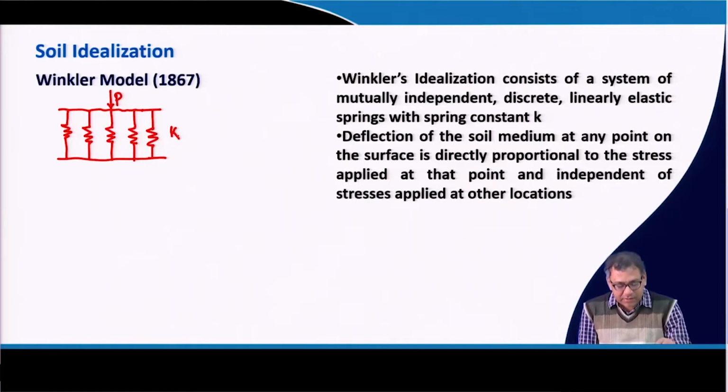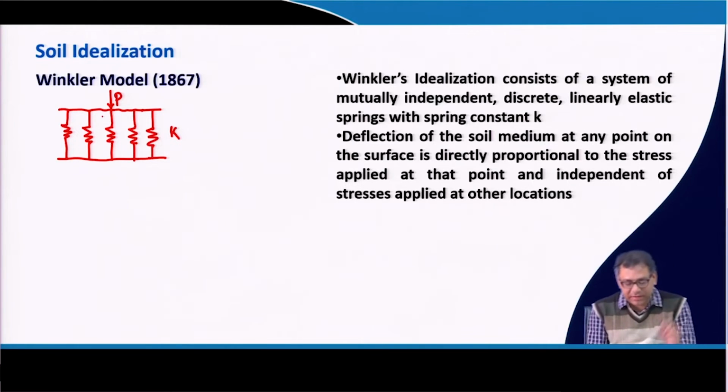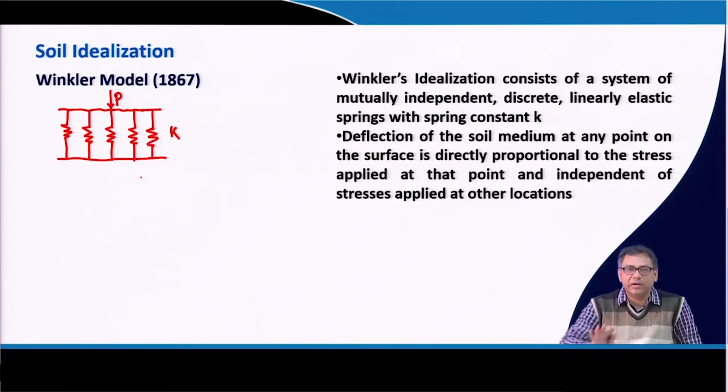For example, suppose I consider this middle spring. It will deform due to the load or stress applied on this middle spring only, because there is no connection between these springs. Even if you apply stress or load on any other spring, that spring will deform, but the middle spring will not be deformed.